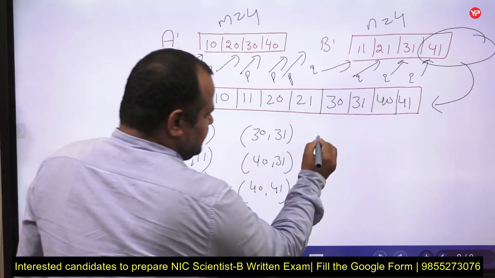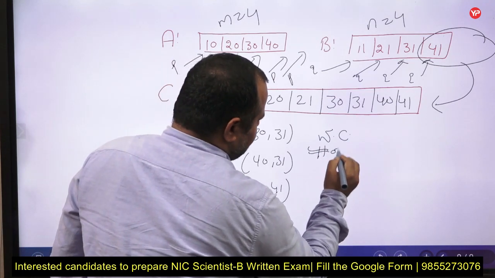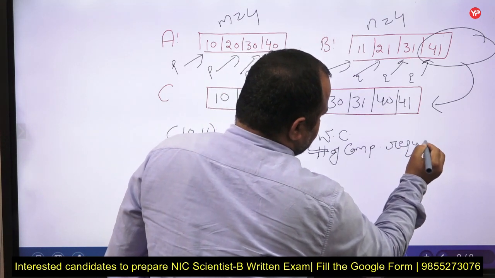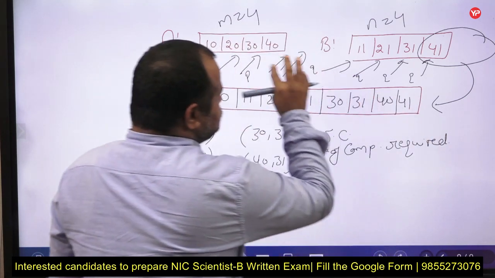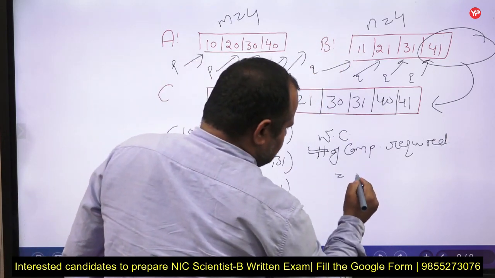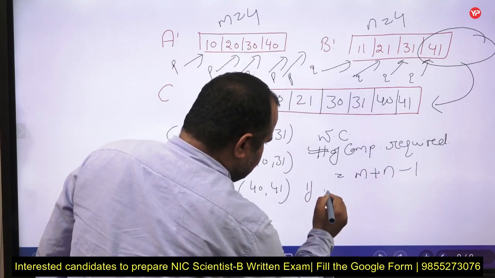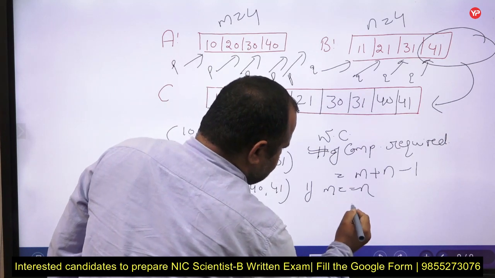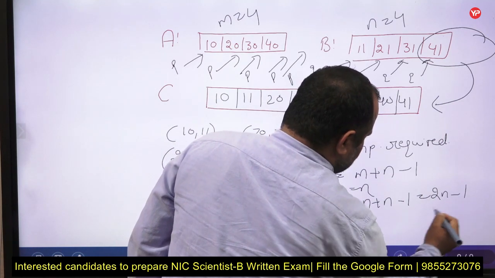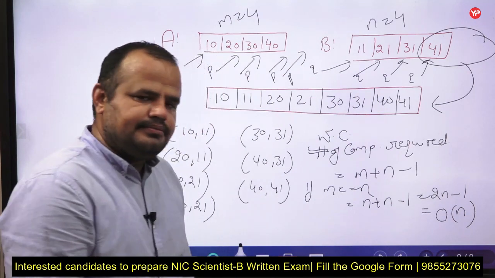So can I say in the worst case, the number of comparisons required to merge two sorted subarrays into a new array is going to be m plus n minus 1. And if m equals n, I can say n plus n minus 1, which is going to be 2n minus 1, and asymptotically I can say it is order of n.